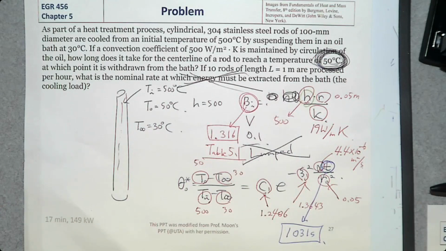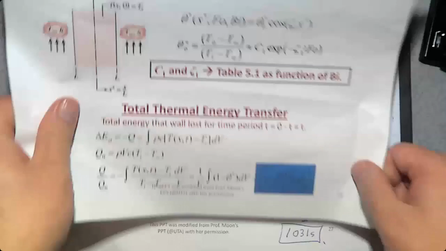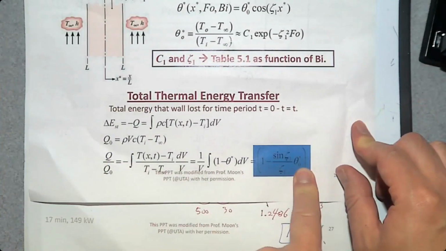The nominal rate is not that important because it's a transient heat conduction problem. The rate of heat transfer changes very significantly, goes down depending on the temperature decay. So it is changing. So the nominal rate, I don't think that is important. Of course, you can calculate the total heat transfer rate using the equation I showed you.